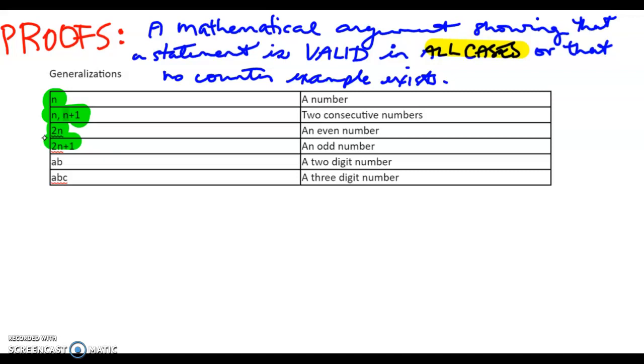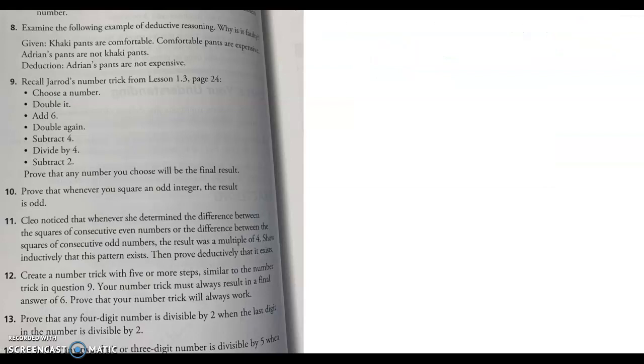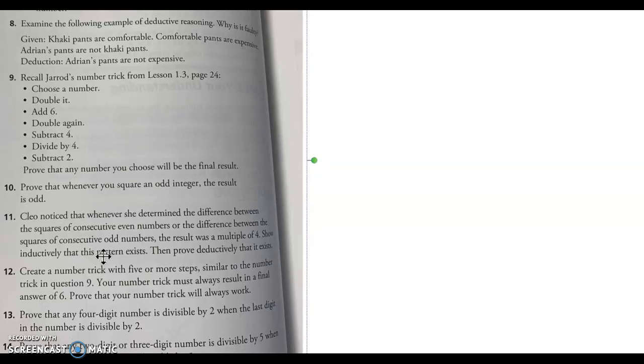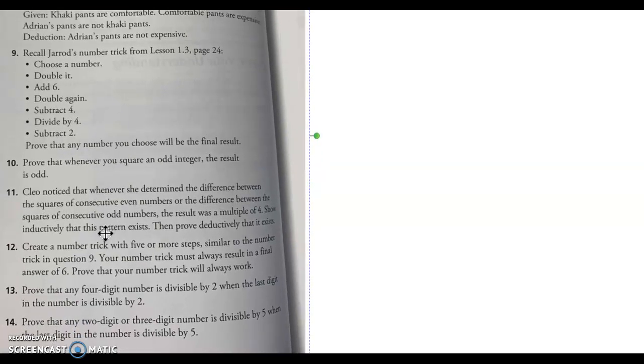When we're talking about a 2-digit number, we usually use the variables a and b, meaning the tens digit and the ones digit. And a 3-digit number, likewise, is a, b, c. Okay, so let's try an example. I'm not sure of the assignment for this section in your notes, but I did look at page 31 in your textbook, and it has several questions that ask you to prove.